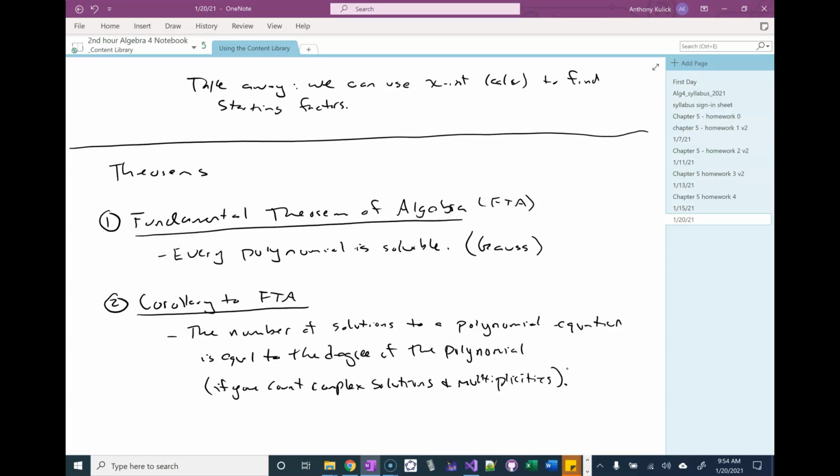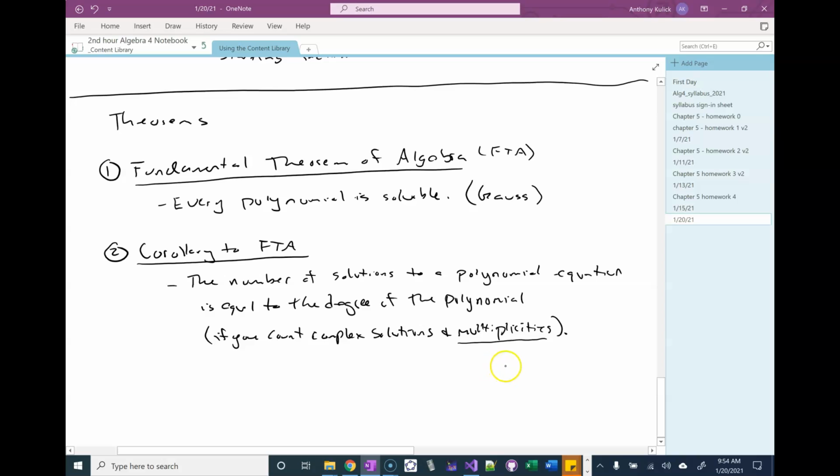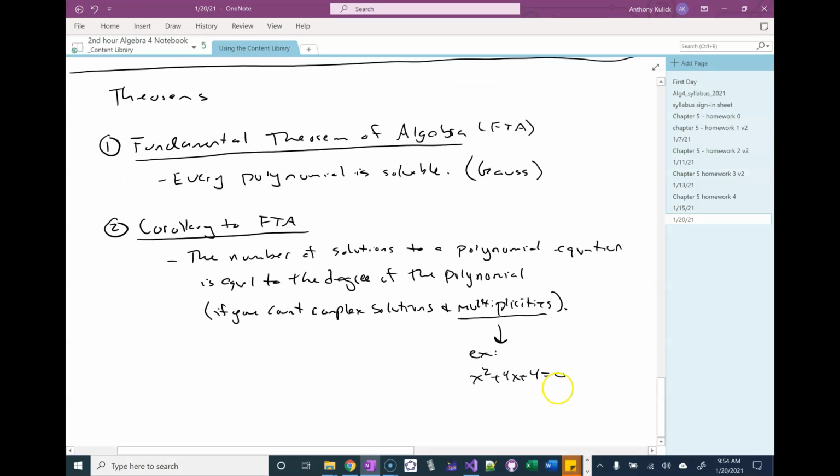Now, the multiplicity is probably something that you're not familiar with. So let's just show you an example, because we've encountered this already before. Let's say we're back in first semester, and we're solving something like x squared plus 4x plus 4 is equal to 0.